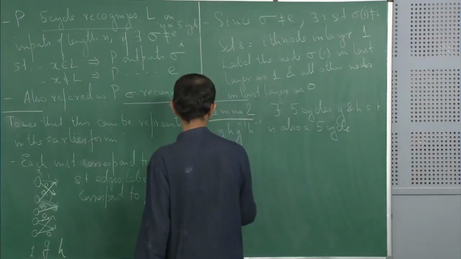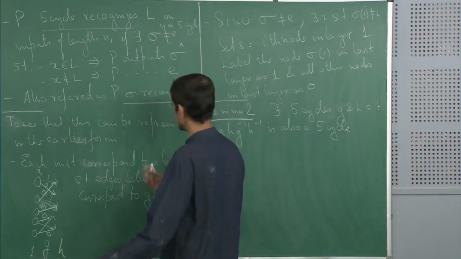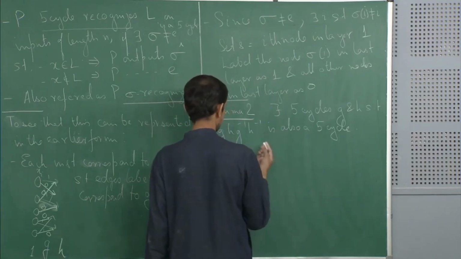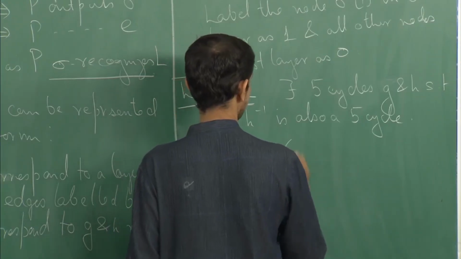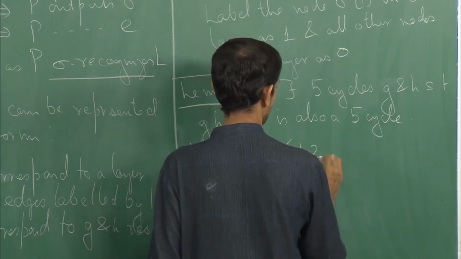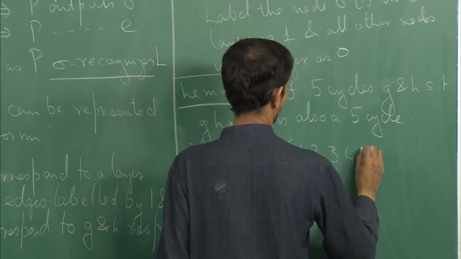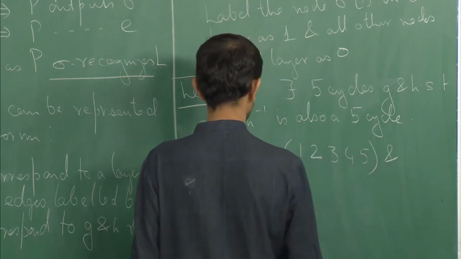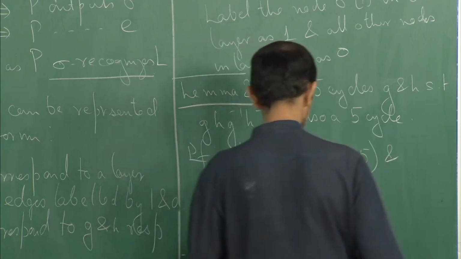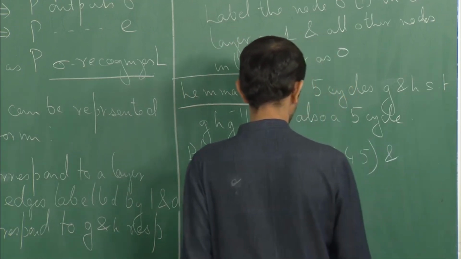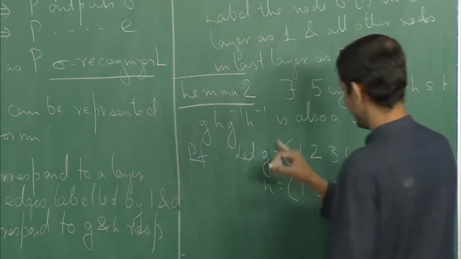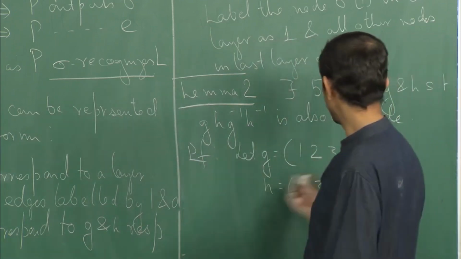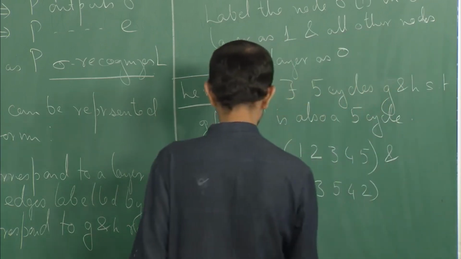So, the proof is nothing but just constructing two 5 cycles. Let G be the 5 cycle (1, 2, 3, 4, 5), and H be the 5 cycle (1, 3, 5, 4, 2). Now, we correspondingly have G inverse and H inverse.